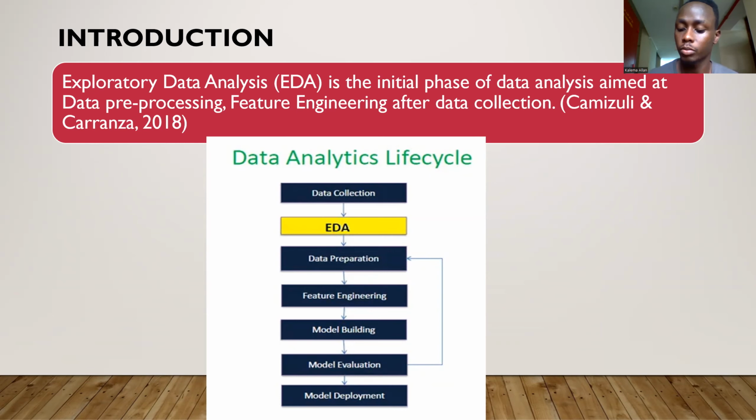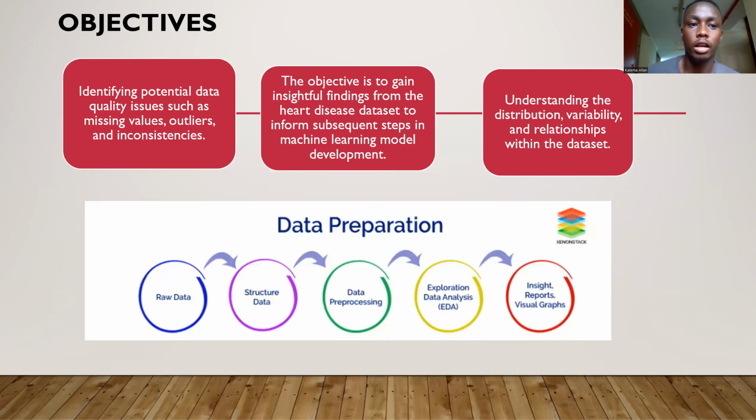machine learning model. The objective of the EDA is identifying potential data quality issues such as missing values, as we'll see in the future that we found some missing values in the data set that we chose. The other objective is to gain insightful findings from the heart disease dataset to help us in the subsequent steps in the machine learning model development.